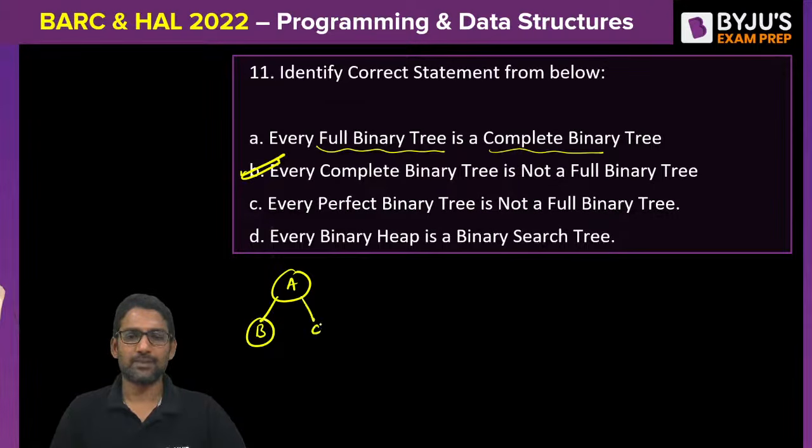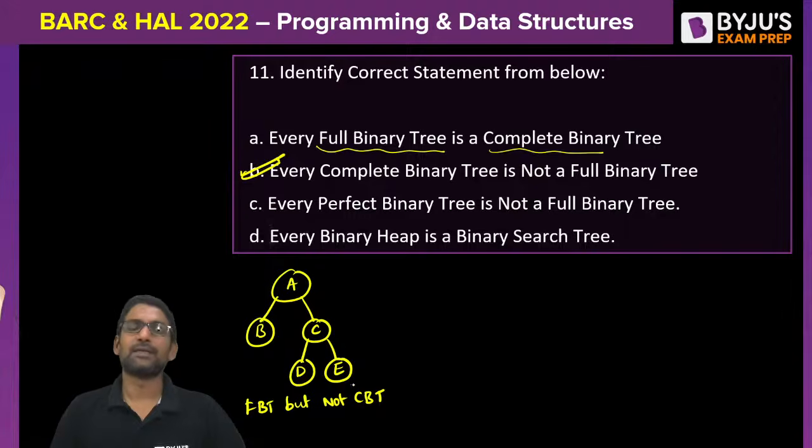Check it. Is it complete or not? It is a full binary tree, but not a complete binary tree. Full binary tree means either 0 children or 2 children. But it is not complete because before filling B, C got filled.